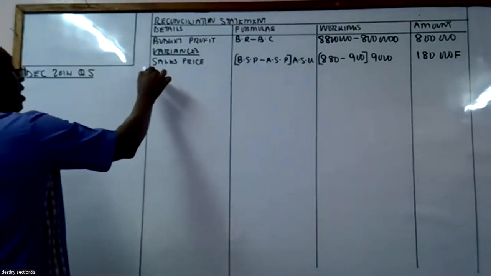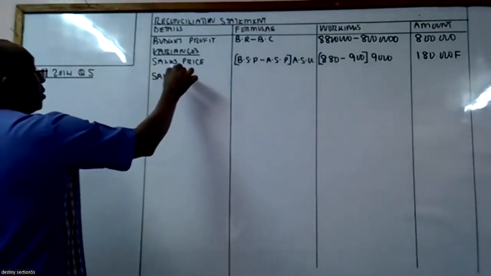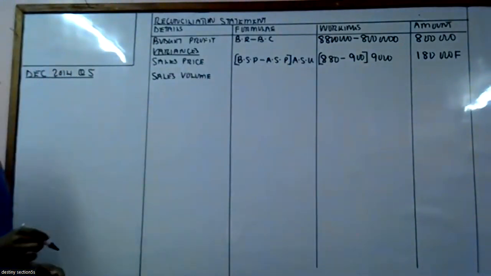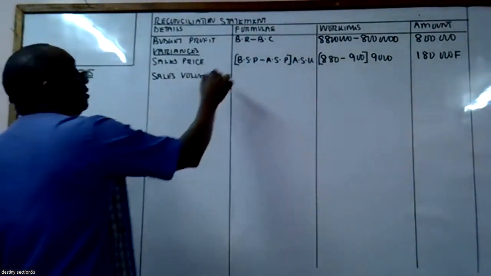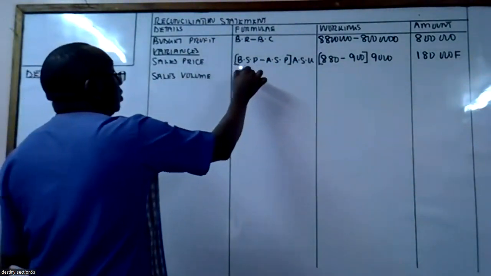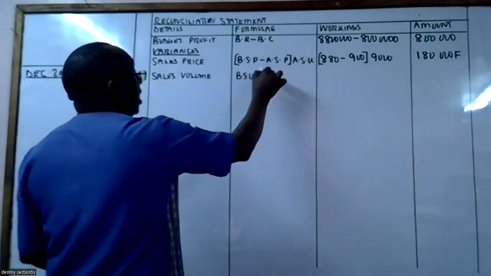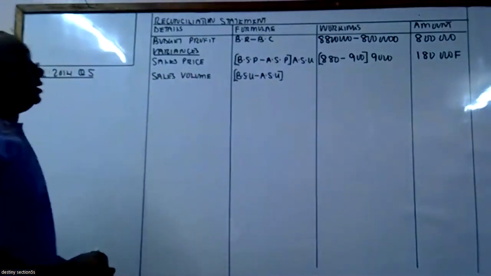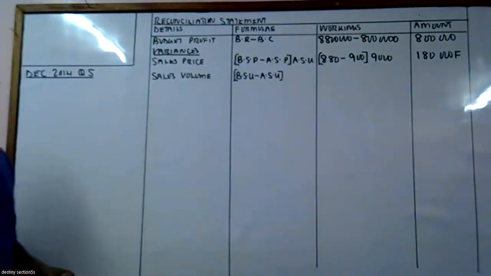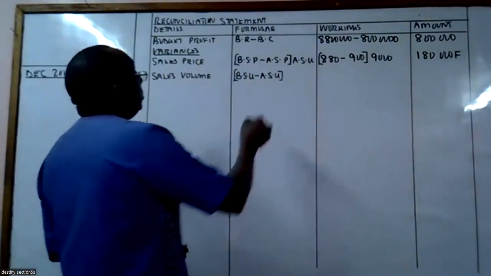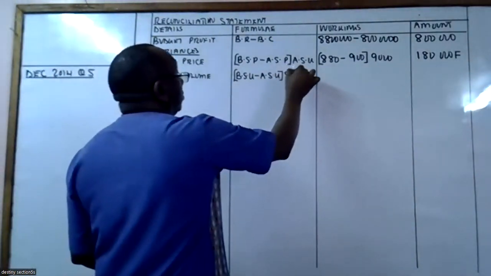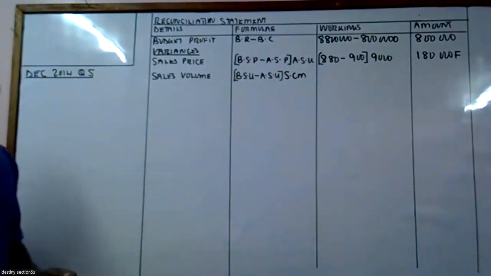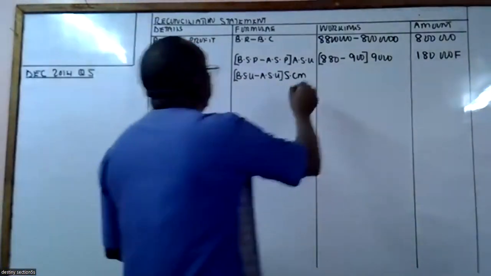All right, let's go to sales volume. Sales volume is given as budget sales units minus actual sales units, multiplied by standard contribution margin. This one we had computed earlier.